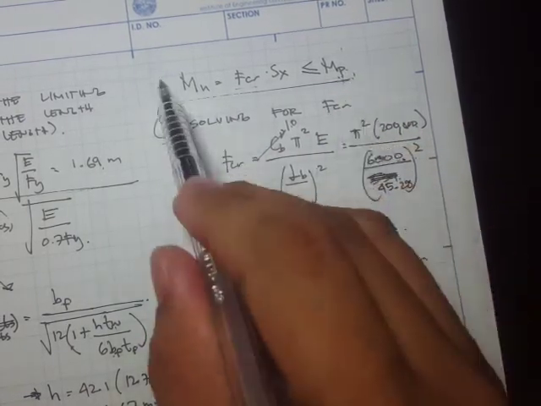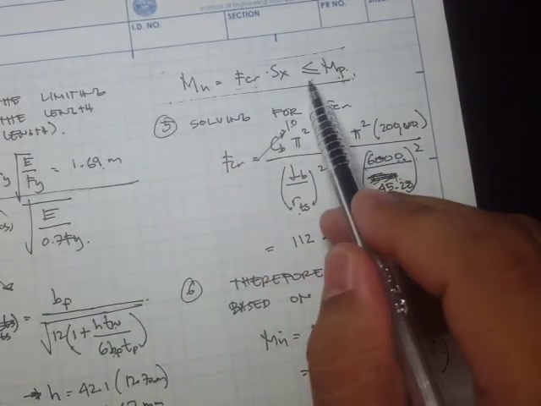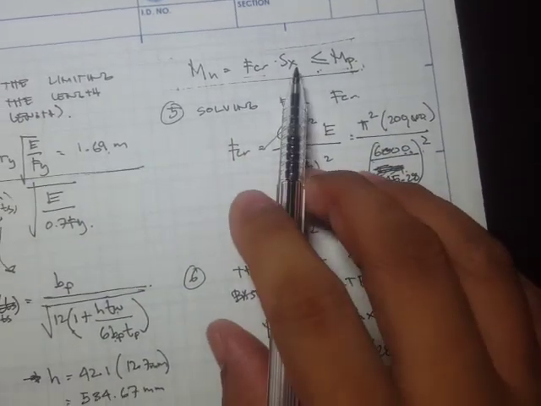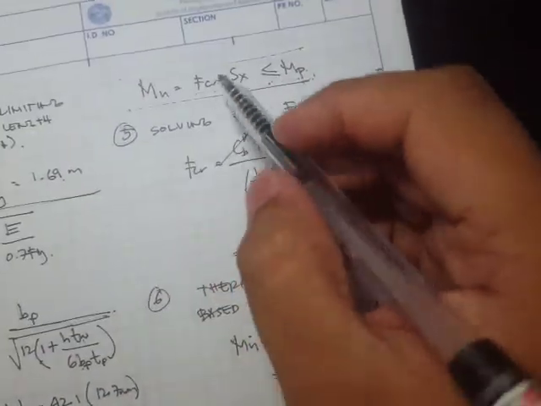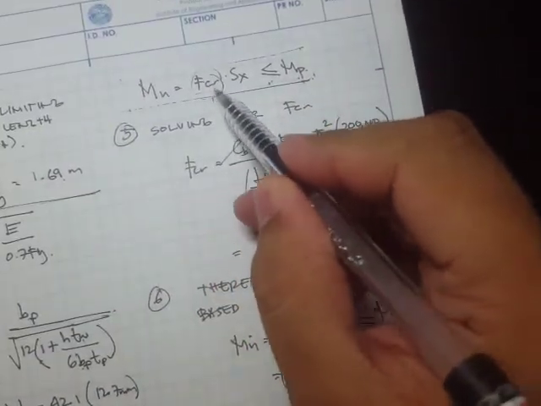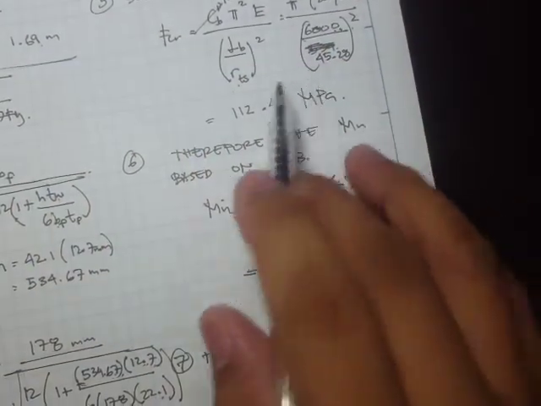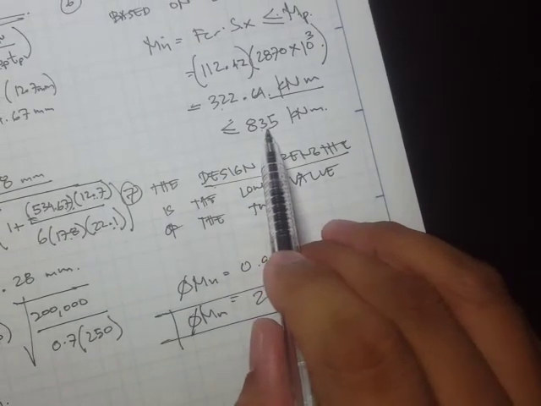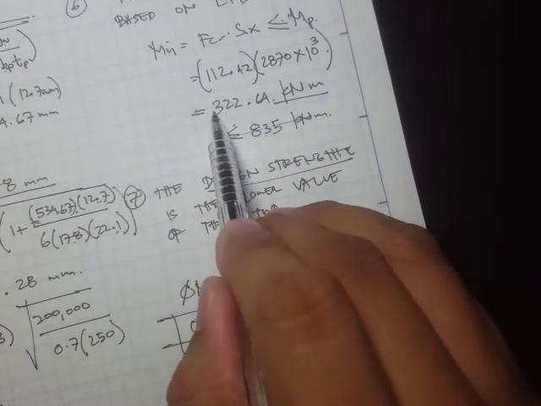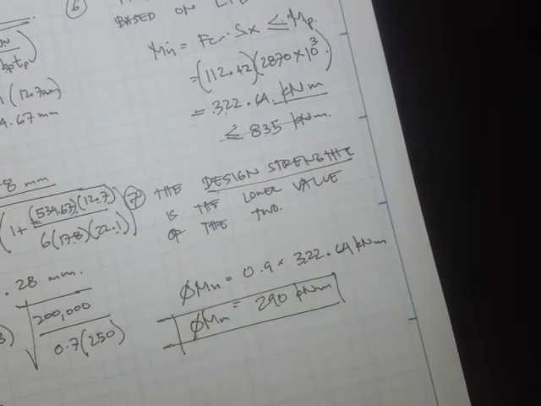That's going to be based on the lateral torsional buckling. So we have to solve first for the critical stress. We substitute the value, and we obtain, not this one, this 322.64 kilonewton meter.